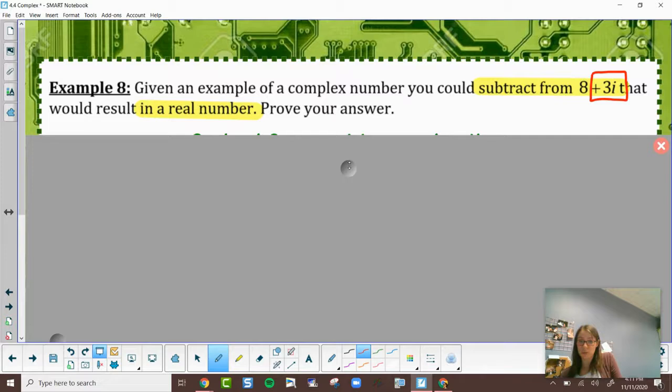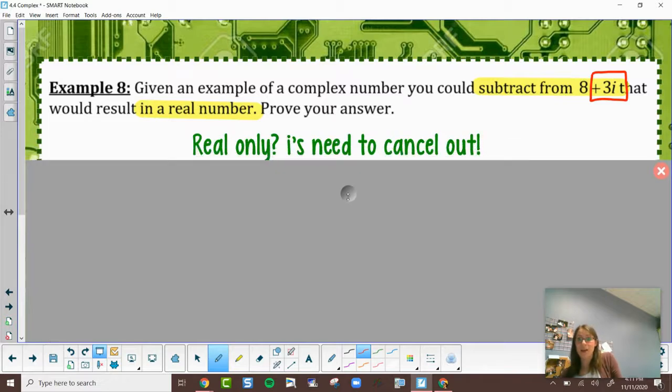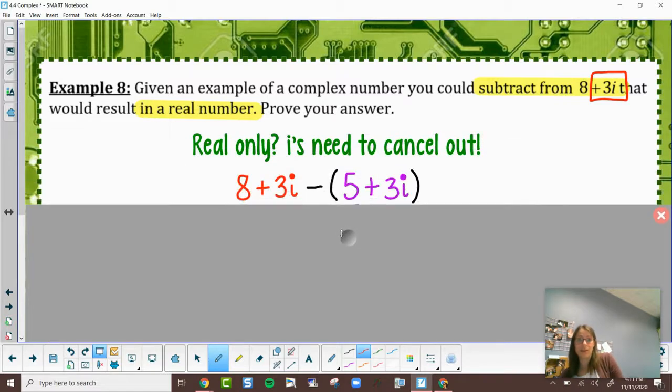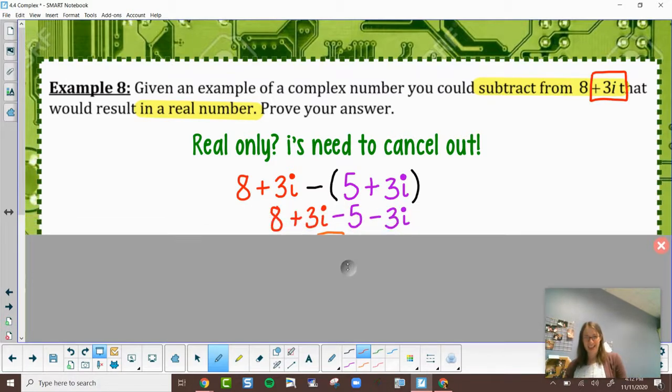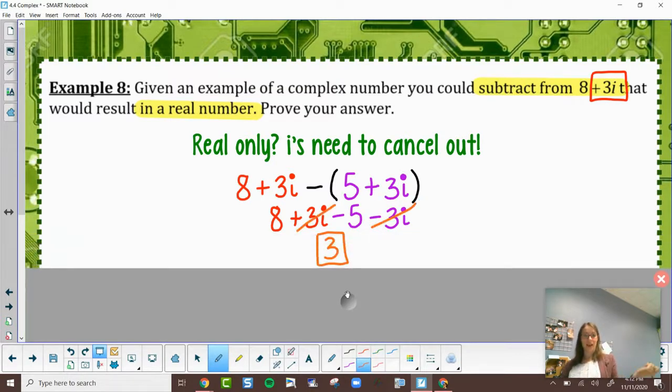So one possible way is I'm just going to make 1 3i. And I picked 5. I like 5. I think it's kind of nice because when I subtract that, oh, I can see that the i's canceled out, and that's a real number. 3 is a real number.